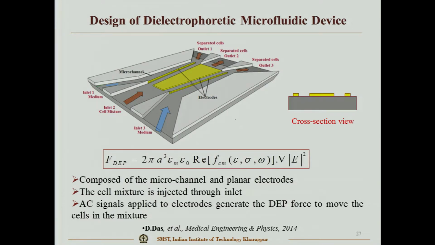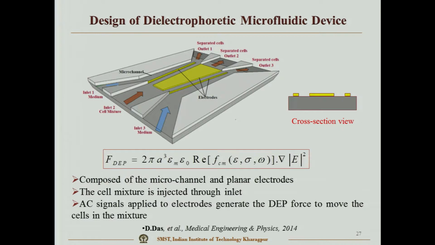So, this is the total planar view, but on top of that you have to make some arrangement for the channel. It should be covered with this, so that the fluid can flow through it. Okay. So, this is basically a microfluidic device integrated with electrodes, and you have different channels at the input and also different channels at the output. Okay.